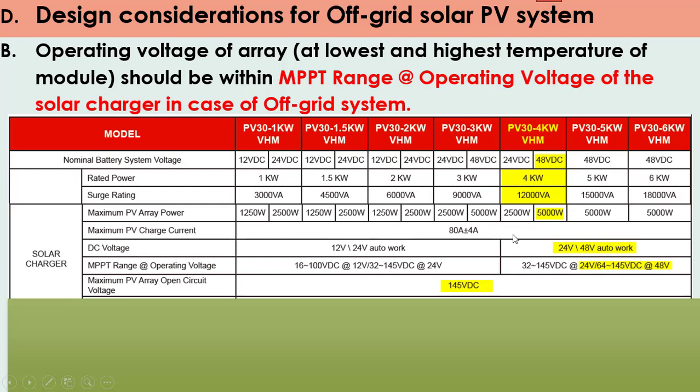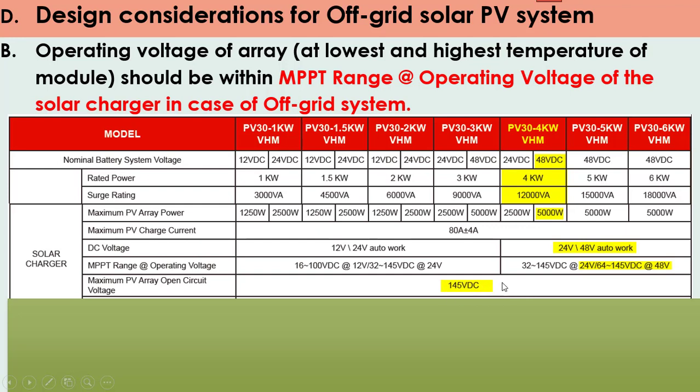So the voltage of the string must be within this range, not below the lower limit, and it must not exceed the maximum limit of the MPPT range. This is a very, very important issue. And as we see, the maximum photovoltaic array open circuit voltage for this type is also 145 volt DC.